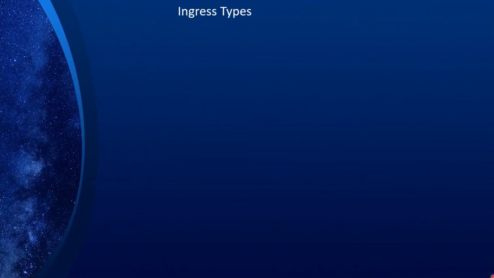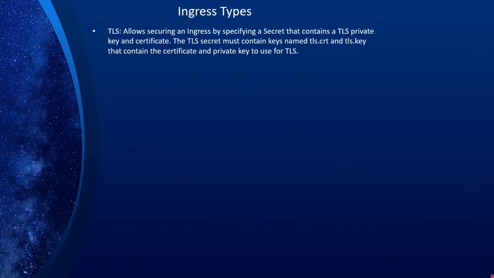The third Ingress type is TLS. TLS allows securing an Ingress by specifying a secret that contains a TLS private key and certificate. The TLS secret must contain keys named tls.crt and tls.key that contain the certificate and private key to use for TLS.